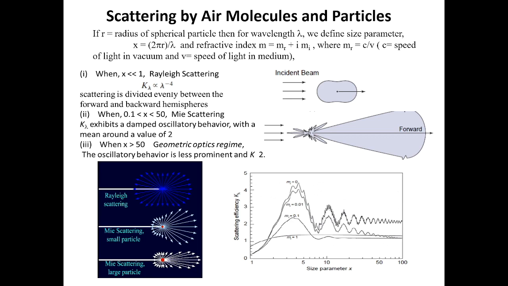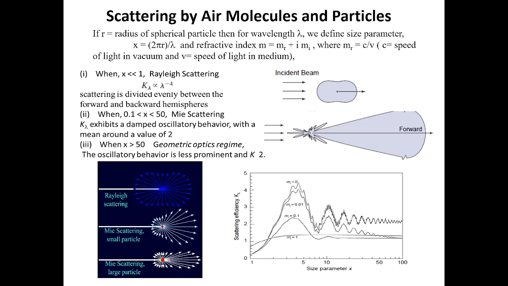In Mie scattering, the important thing is that the scattering is not uniform in all directions, but in the forward direction the scattering is maximum. The maximum energy is contained in the forward direction, but the scattering takes place at different angles and is not uniform, as you can see from this picture.